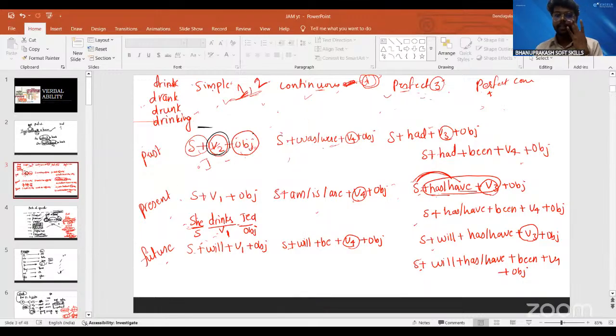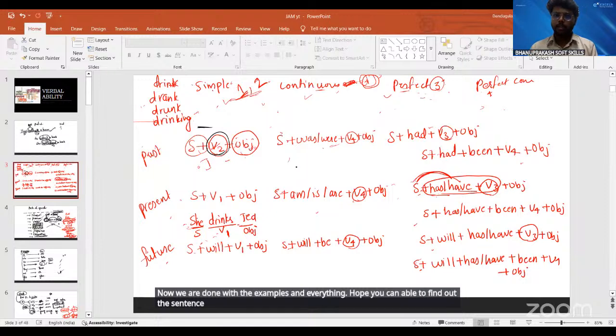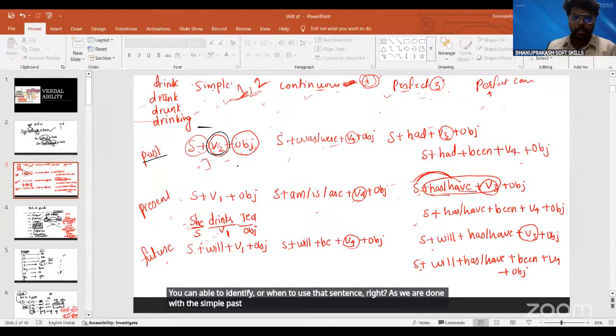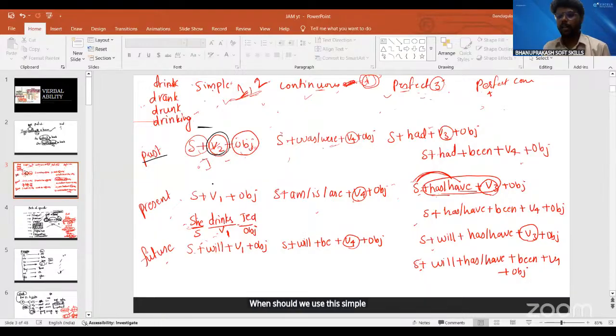Now we are done with the examples and everything. Hope you are able to find out the sentence as well as identify when to use that sentence, right? As we are done with the simple past, when should we use this simple past? Anything that got completed in the past, we should use this simple past.